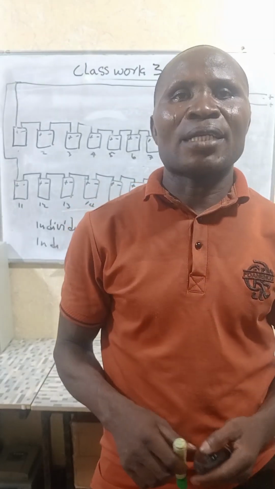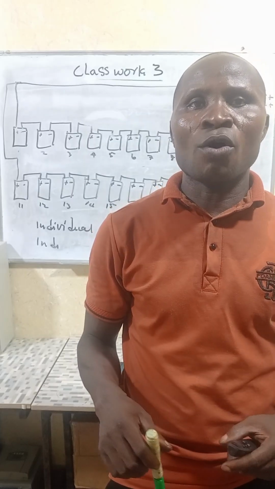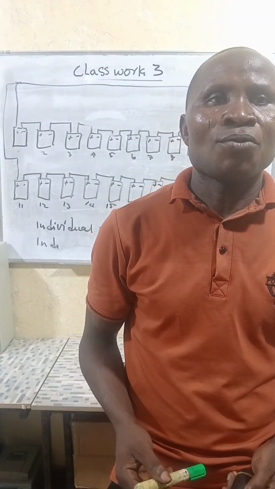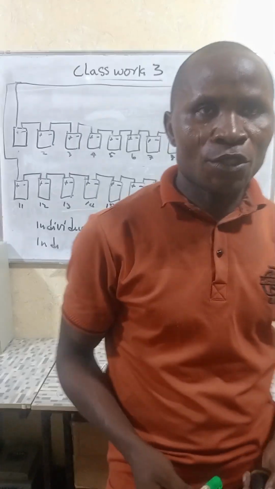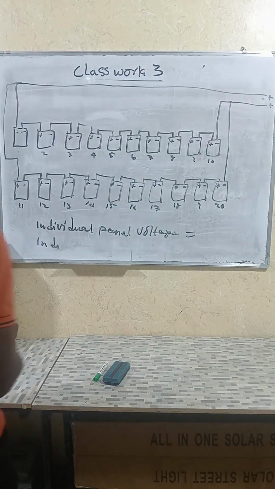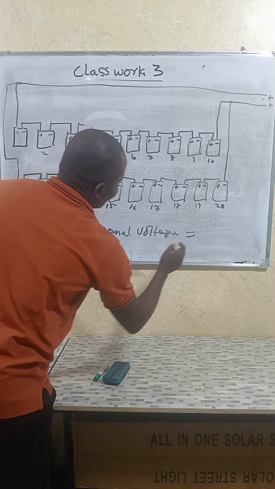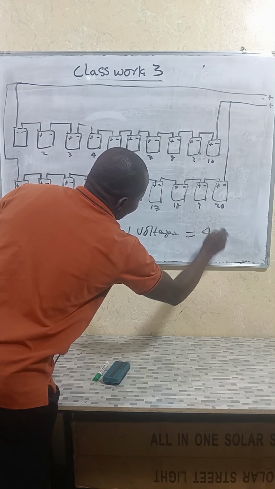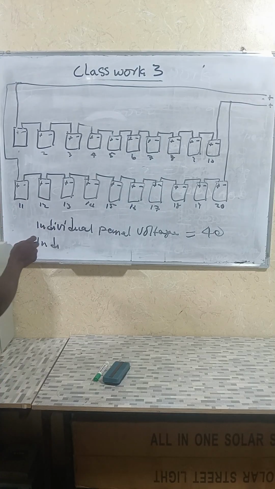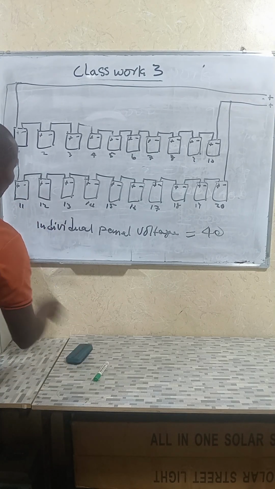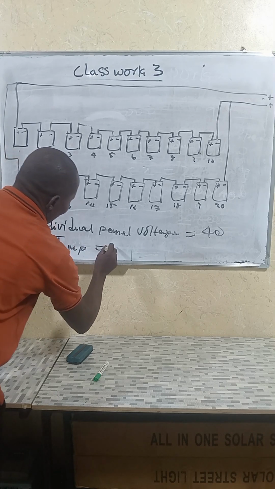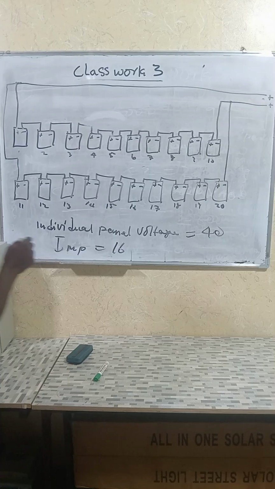So current at maximum power, we are using what? 16. While voltage at maximum power, we are using what? 40. If we are using individual panel voltage, that's voltage at maximum power, it gives you 40. Now, current at maximum power is equal to what? 16 approximately.